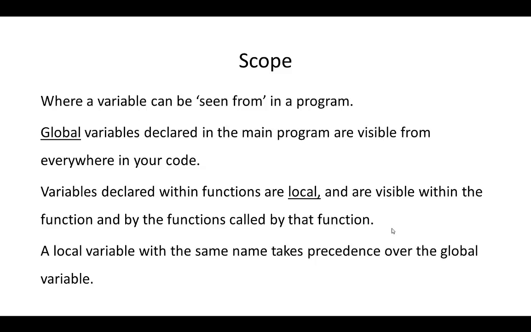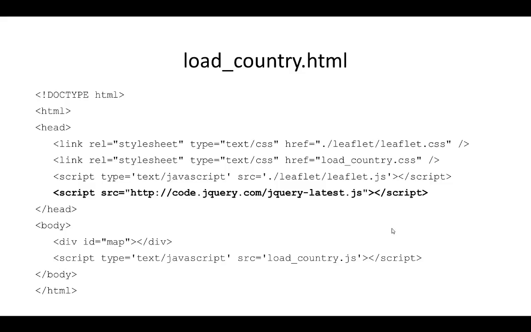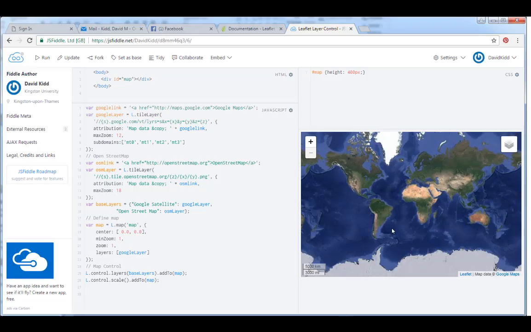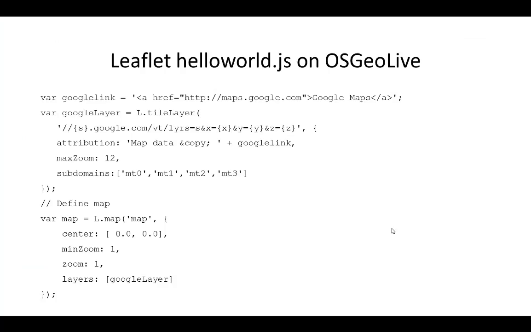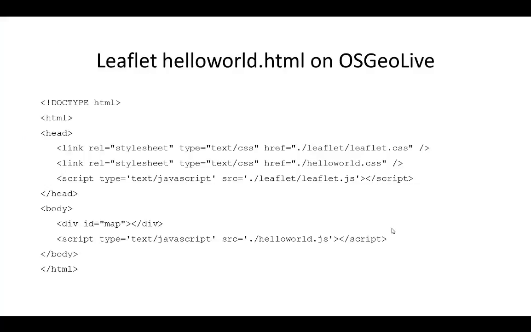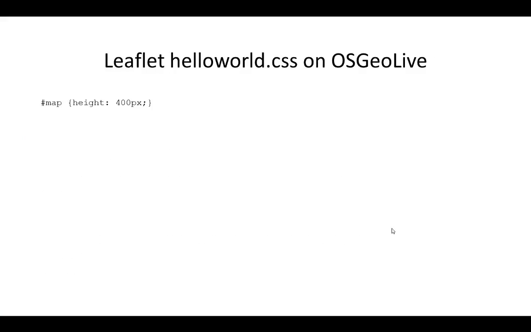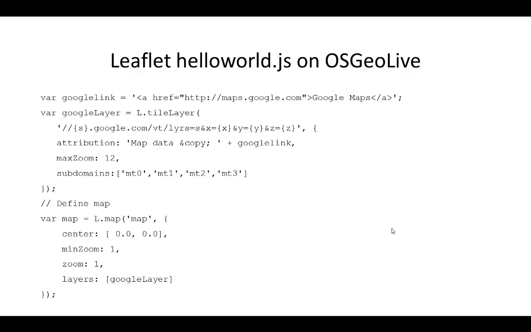There are two types of scope, local and global, basically. Global variables are declared in the main program and are visible from everywhere in your code. What do I mean by the main program? Let's go back up to here. We run hello world JavaScript. The code picks up and starts running this program.